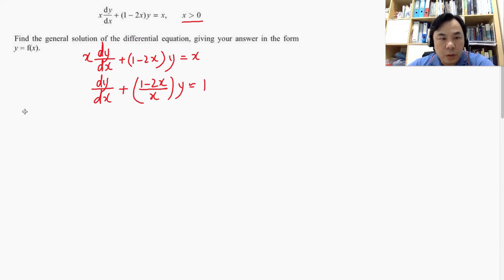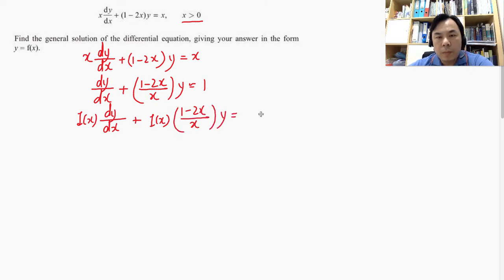Okay, now first of all, I'm going to introduce an integrating factor I(x). I'm going to introduce it to my left hand side and to my right hand side. Okay, so there you have it.